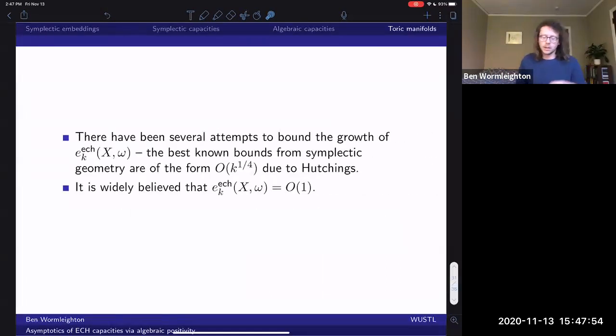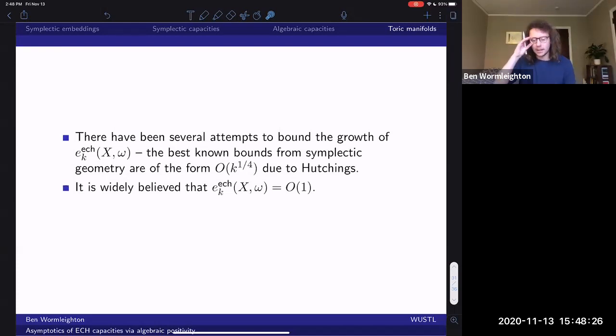There's been quite a bit of work, a few papers, to try and control the growth of these error terms. There was a paper of Sun bounding this at big O of k to the 0.4, and then Christopher Gardner Savale did prove big O of k to the 0.4, and then in a recent paper of Hutchings, there's a bound for star-shaped domains in R^4 of O of k to the 0.25.